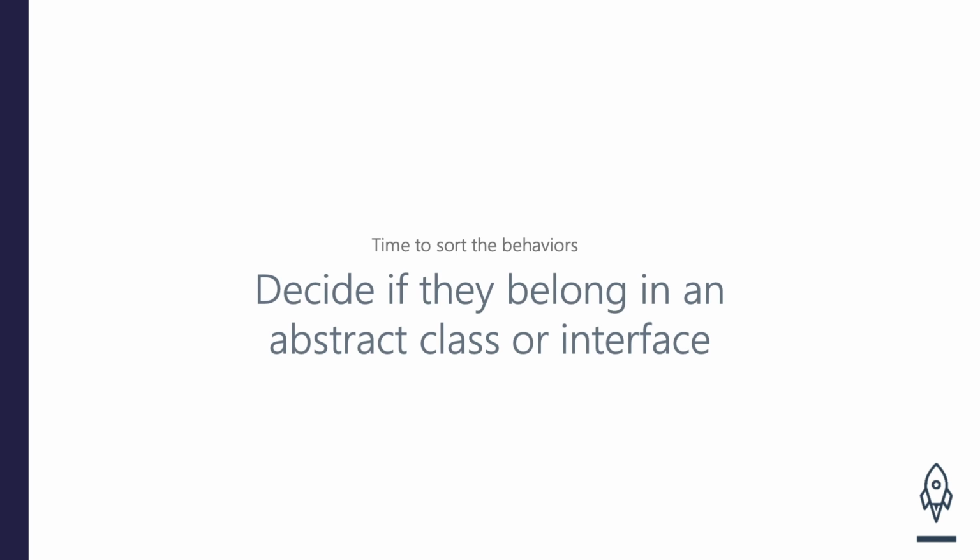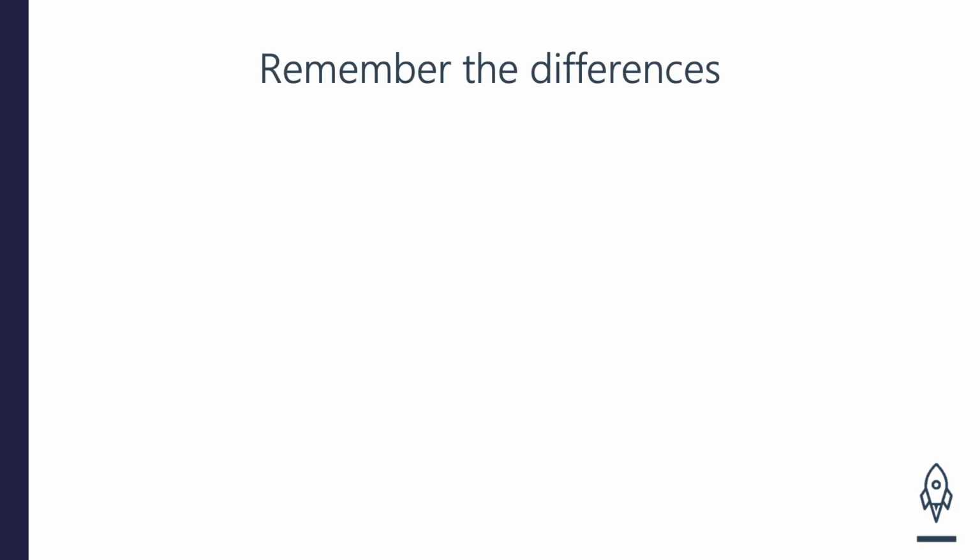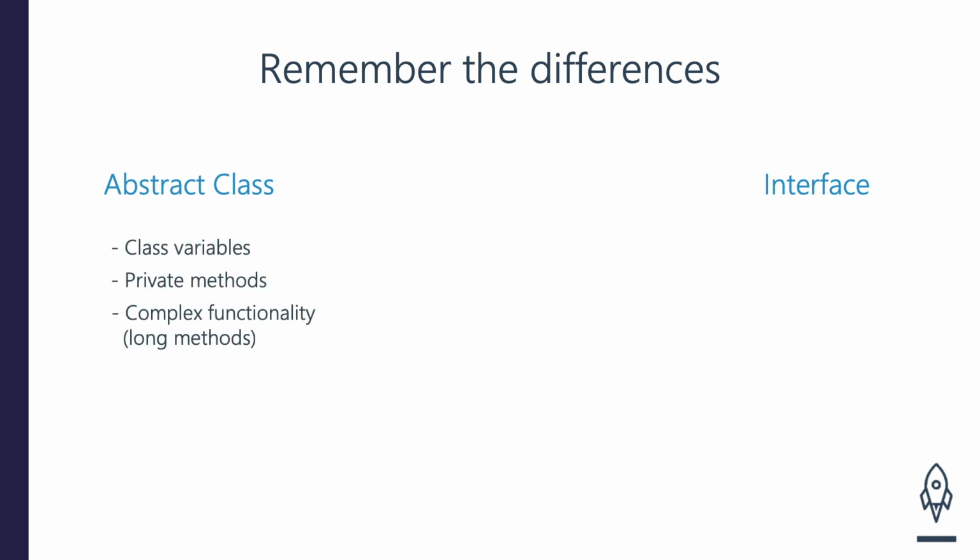So now we have to take that list of behaviors and sort them and decide if each is going to fit in an abstract class or inside of an interface. But before we do this, let's go ahead and remember the differences between abstract classes and interfaces. Abstract classes are able to have class variables inside of them, as well as private methods, and can also consist of complex functionality or long methods to pass down to their children.